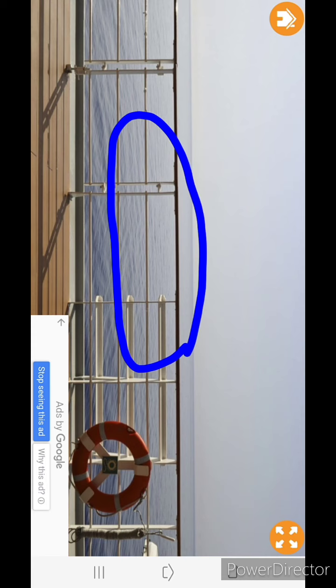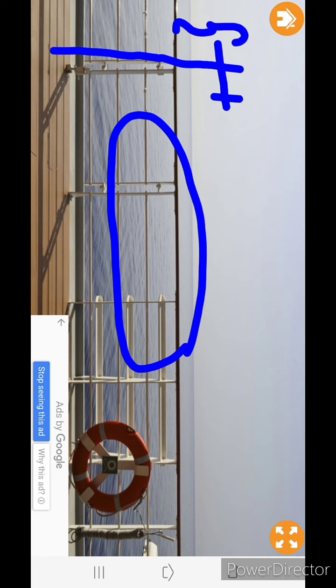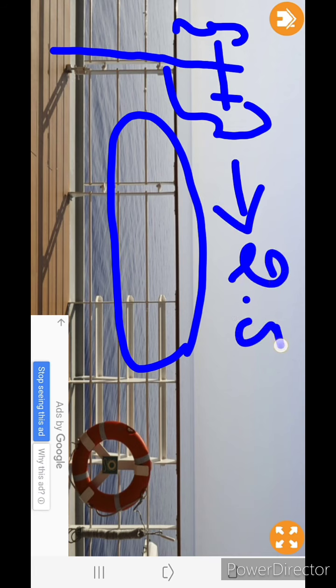So it's saying that the masthead light of a power driven vessel of 12 meter but less than 20 meter in length shall be at a height above the gunwale of not less than 2.5 meters. So it's talking about the height of the light, from the gunwale to the light.